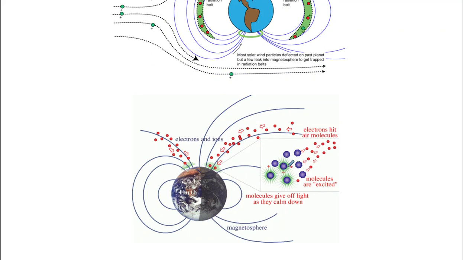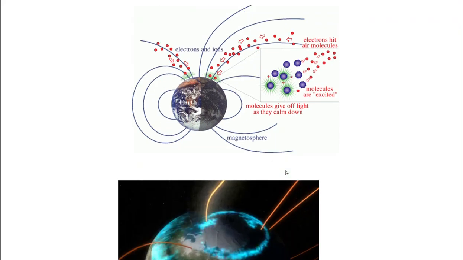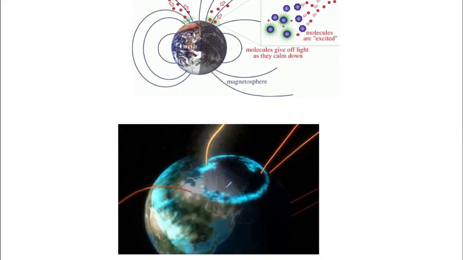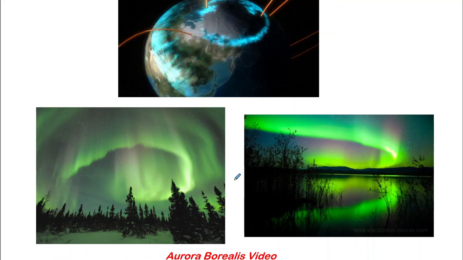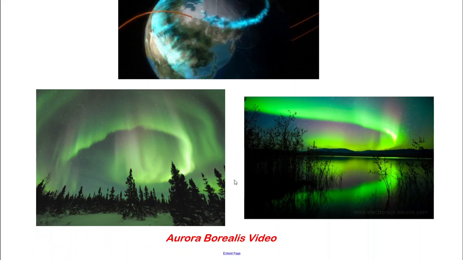Energy comes in, it bounces those electrons off, right? So now we're going back to electromagnetic radiation, and that energy given off in the form of electromagnetic radiation is what we call the northern lights or southern lights, or aurora borealis. The aurora borealis is a great example of how moving atoms inside the Earth create an electromagnetic field.